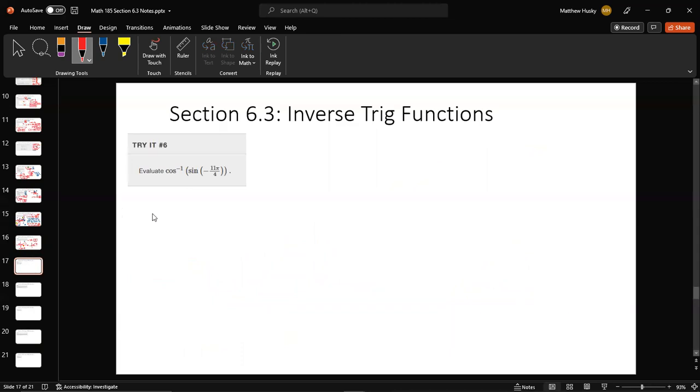Here we have another one. We've got sine of negative 11 pi over 4. Let's figure out what that's going to be. We're going negative, so we count 1, 3, 5, 7, 9, 11. So negative 11 pi over 4 is right over here.